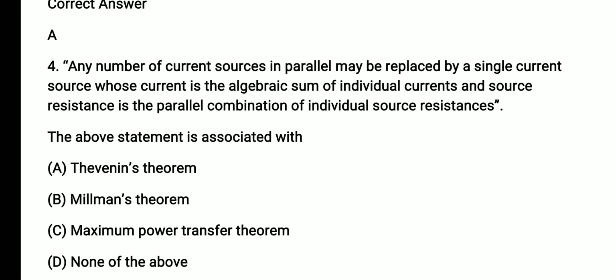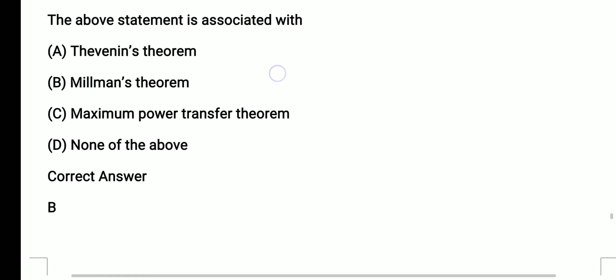This statement resembles Millman's theorem. Don't confuse it with Norton's theorem. If the given sources, voltage sources or current sources, are in parallel with the individual source resistance, it's Millman's theorem. So option B is the right one.